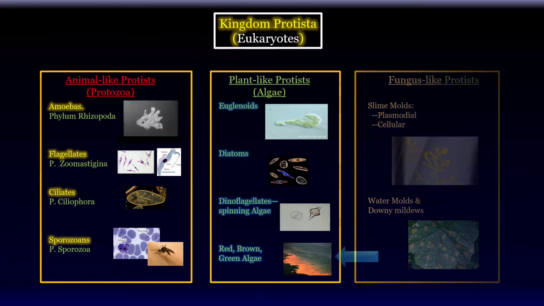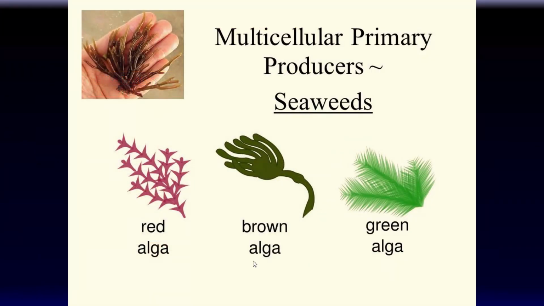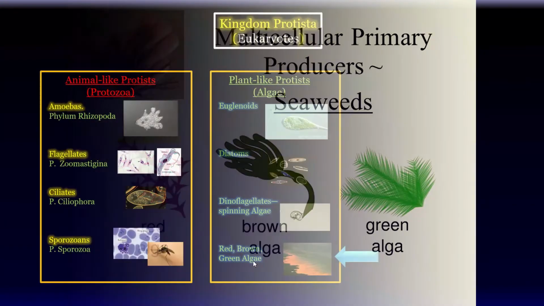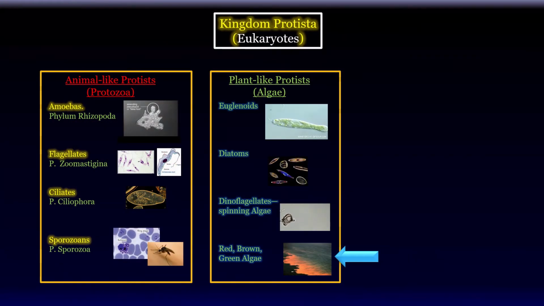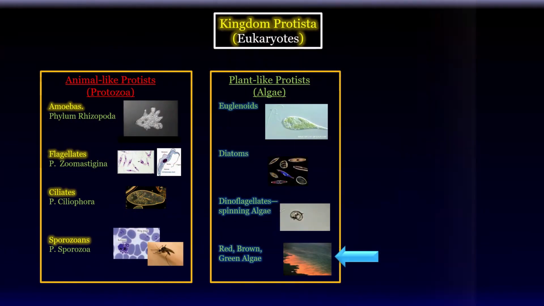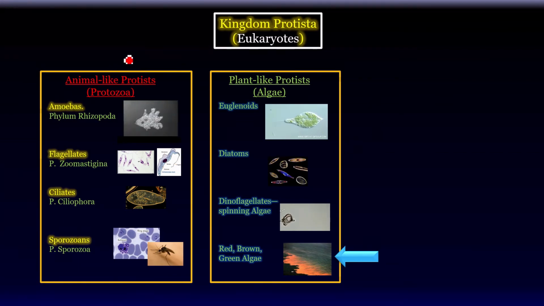Now, before we embark on this topic, I just want to clarify something. There is something called blue-green algae, which is an old name. Blue-green algae is a cyanobacterium.